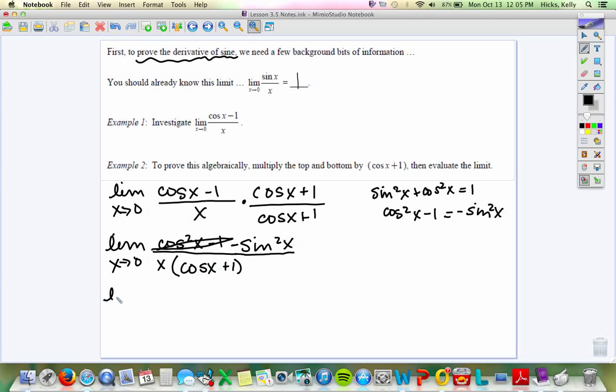When we're doing limits, it's possible, if you recall, to break the limit up into multiple pieces and take the limit of them individually.